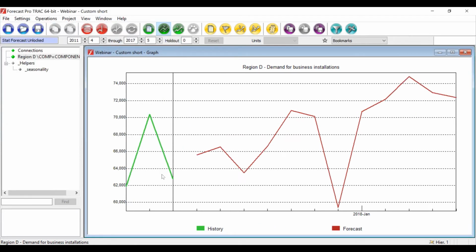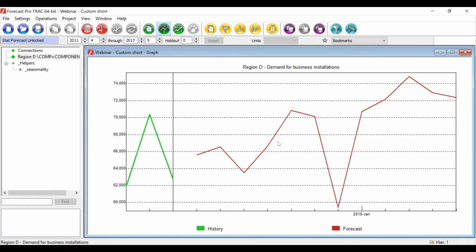And here's the forecast I end up with. Notice I'm only using 3 months' worth of history, but by pulling the seasonality and customizing that component from the overall connection data, I've managed to use the seasonal pattern that we quantified through the total connection data.